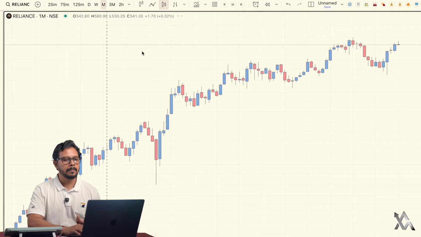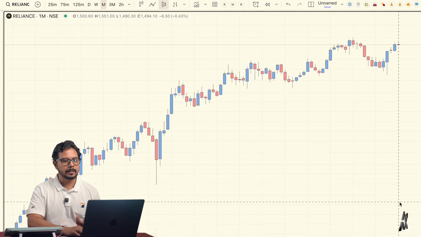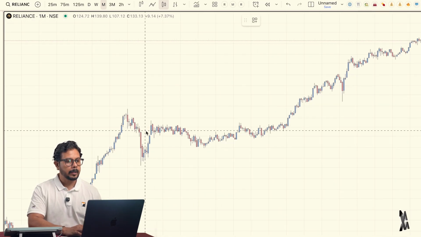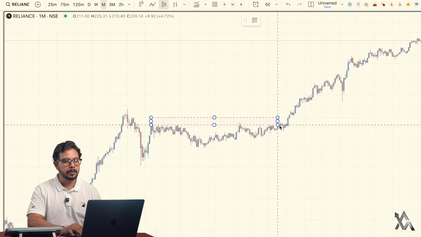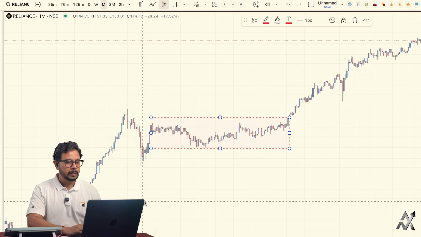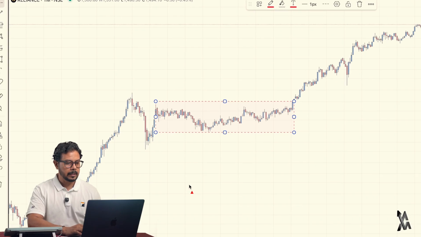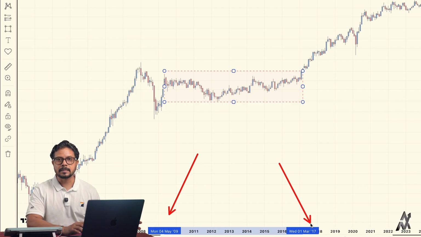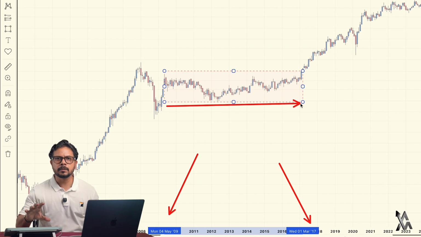If I show you the monthly chart, the long-term chart of Reliance Industries, and I take you back to this area, I don't know if you were even there in the markets during this zone or not. This was close to May 2009 to almost March 2017. You're talking about 7 to 8 years.